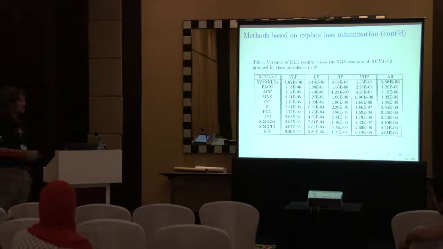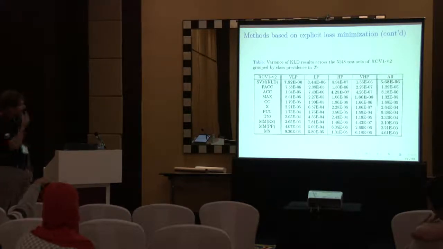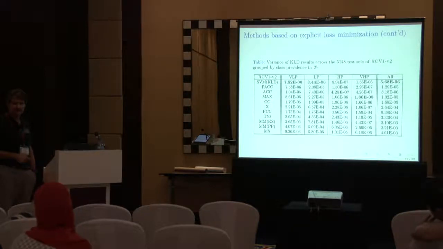You can take these 5,000 data sets and chop them up by drift or chop them up by prevalence. Since you are saying that you divide the set by prevalence, this is the prevalence in the training set. Sorry, the prevalence in the test set.